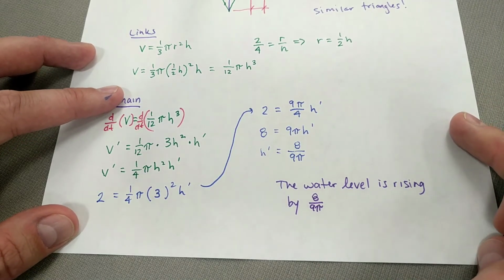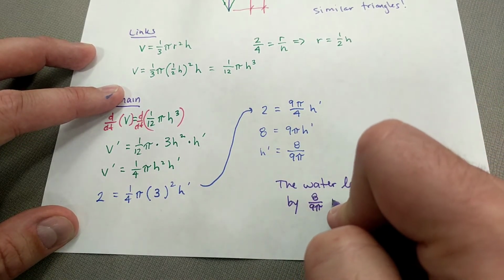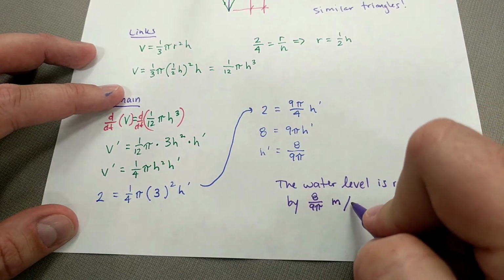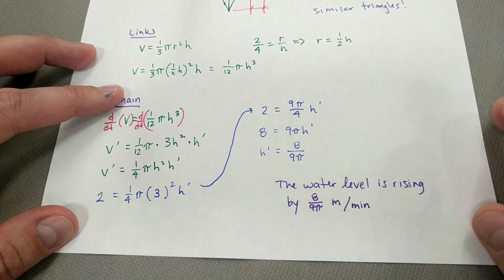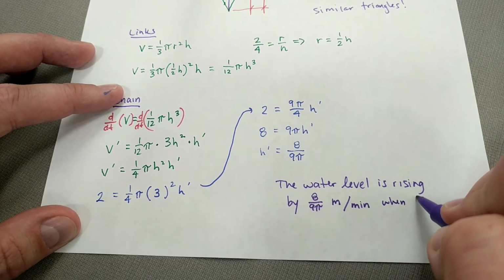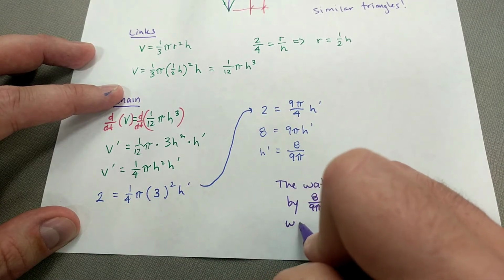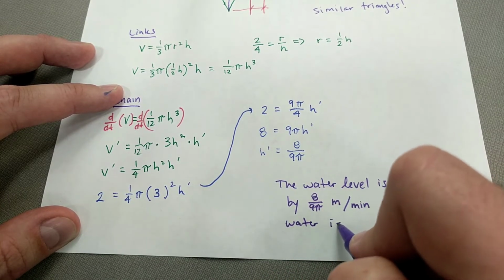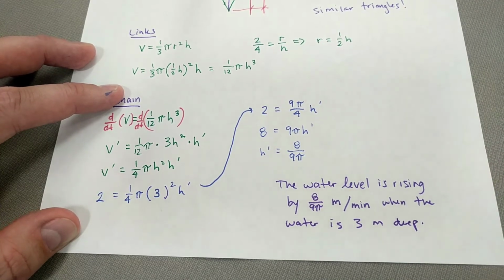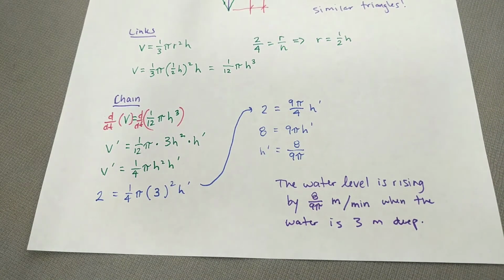Let's think about our units. Height is being measured in meters. This is a rate, so per some time frame, minutes is the one we're using in the problem. When the water is 3 meters deep. And there you have it.